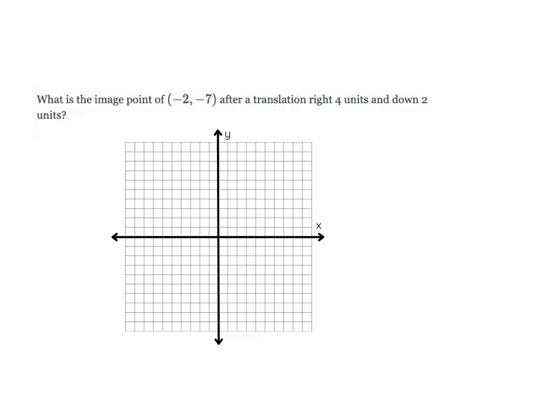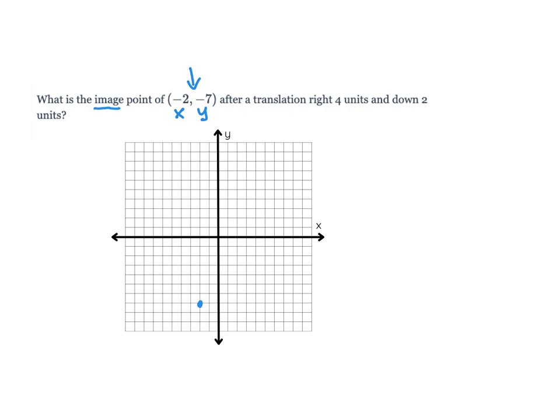So now we're being given just the points, but they're telling us in regular language. So it says, what is the image point? Remember, this is our pre-image or our starting value of -2, -7. Well, the first thing I'll do is graph this, x, y. Remember, -2, x always goes first, and then -7, 1, 2, 3, 4, 5, 6, 7.